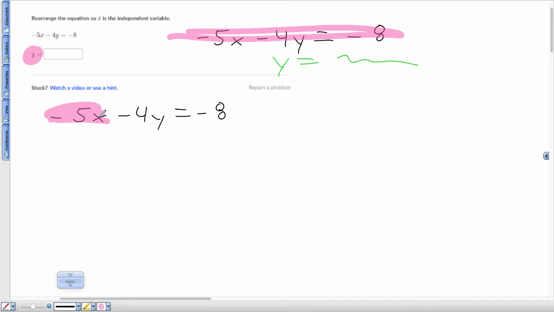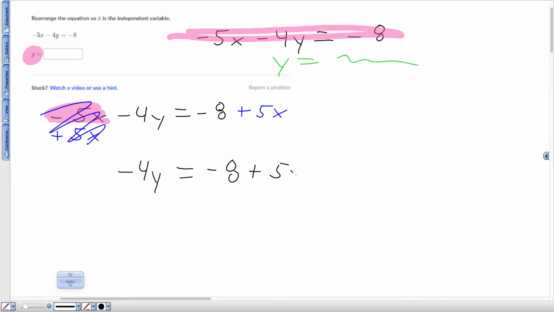And the way we do that, in this case, is we're going to get rid of a minus 5x by adding 5x to both sides. When we do, that cancels out, and that leaves me with a negative 4y is equal to negative 8 plus 5x. All right, so we've just moved all the x's to one side, and we have y's on the other side.